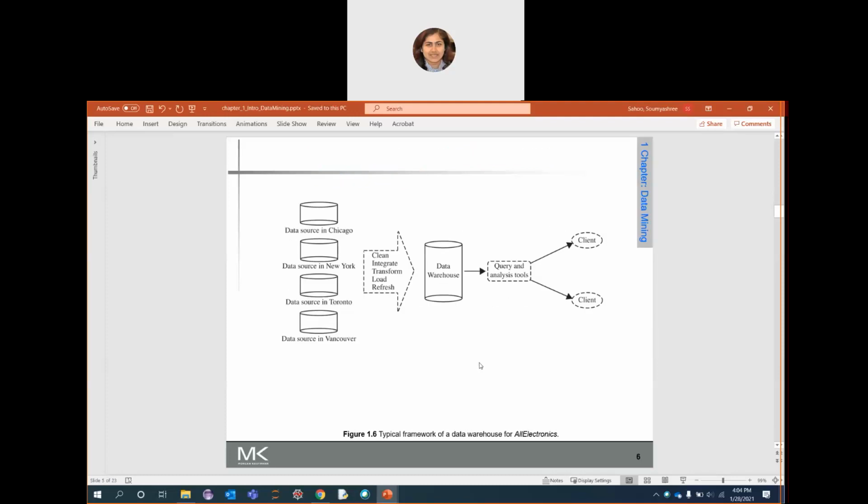Then in this example, let's say there is a store called All Electronics. You will also find this in the book. It is a successful international company having different branches. Here there are the 4 branches that you see around the world, and each branch has its own set of databases.